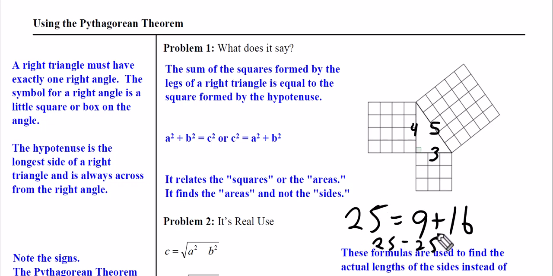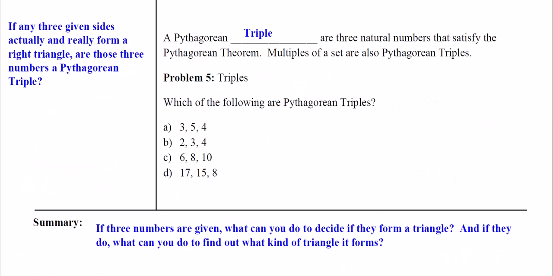So this satisfies the Pythagorean theorem, and all three of these were whole numbers, so this is actually a Pythagorean triple. So in other words, if I have whole numbers and they check out with the Pythagorean theorem, then they're triples. The end.